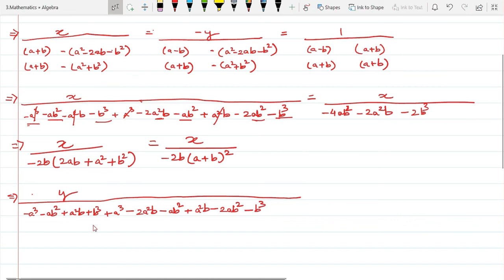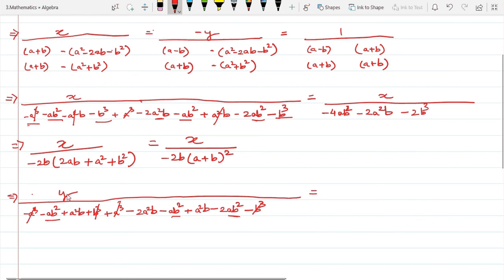Okay, so I have a plus b cube that gets cancelled with a minus b cube, and I have a cube that gets cancelled with a minus a cube, and I have ab squared and ab squared, ab squared, ab squared. So this becomes minus 4ab squared.